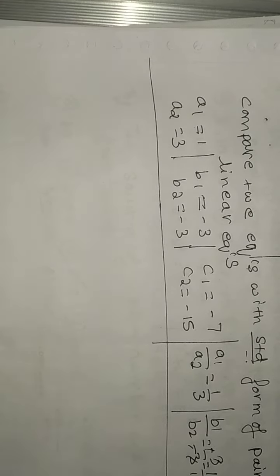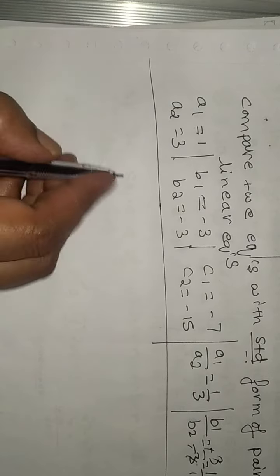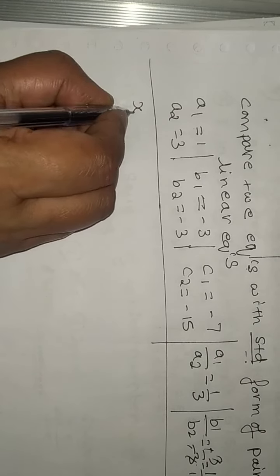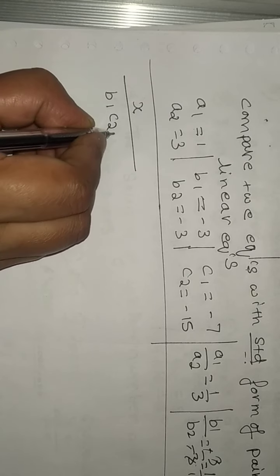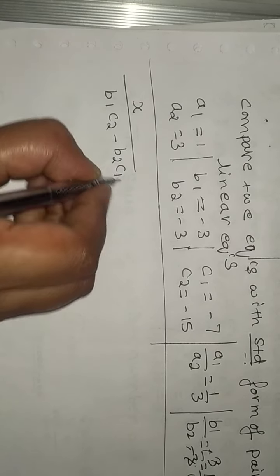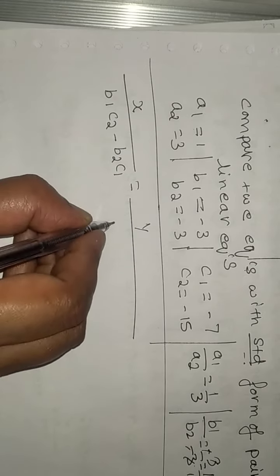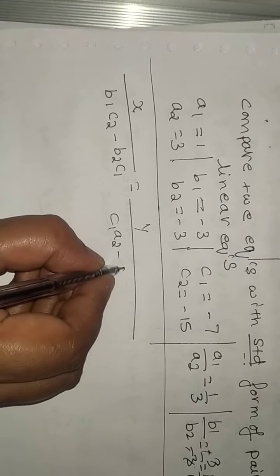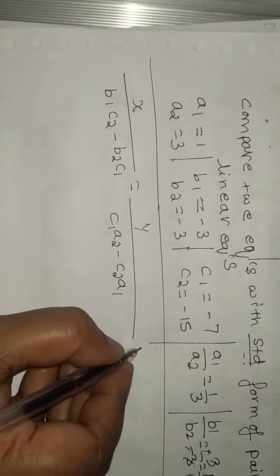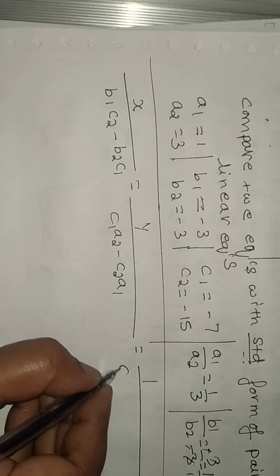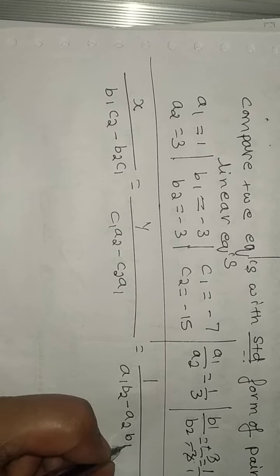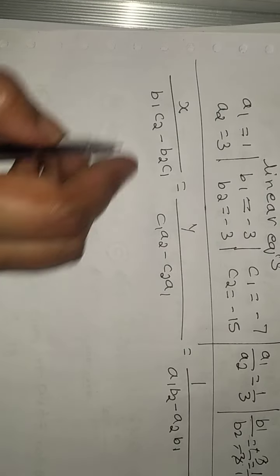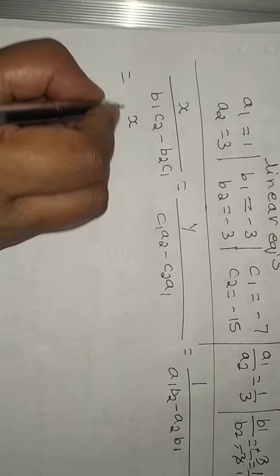So here all have different values, so we have to use the cross multiplication method. So x by b1 c2 minus b2 c1, which is equal to y by c1 a2 minus c2 a1, which is equal to 1 by a1 b2 minus a2 b1. So substitute the values now.